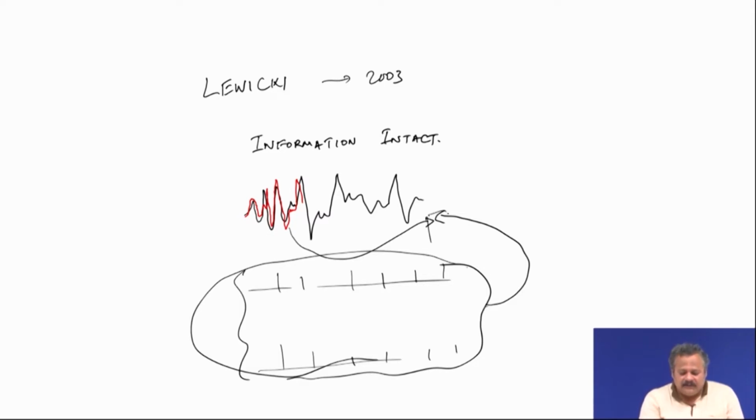So there is some transformation that takes these spike trains and creates the red signal, and that is again what we mean by minimizing the error or keeping the information intact.